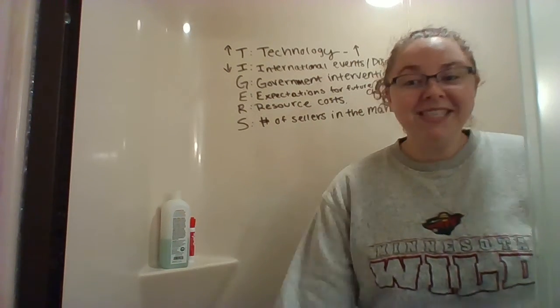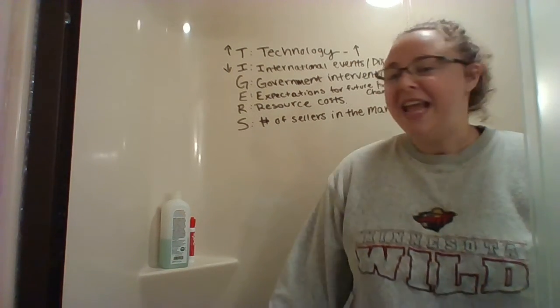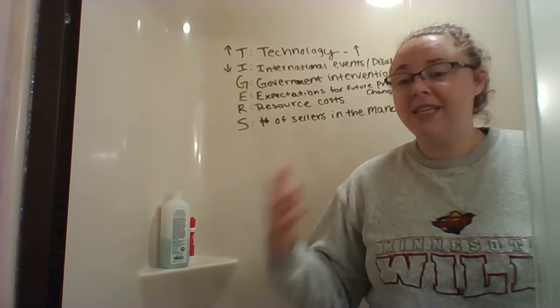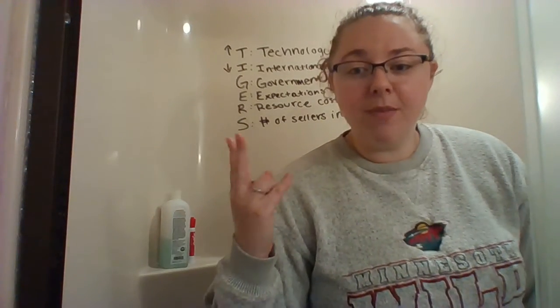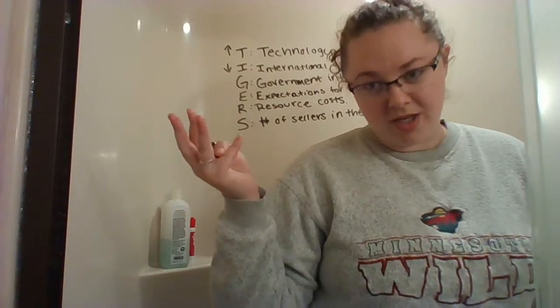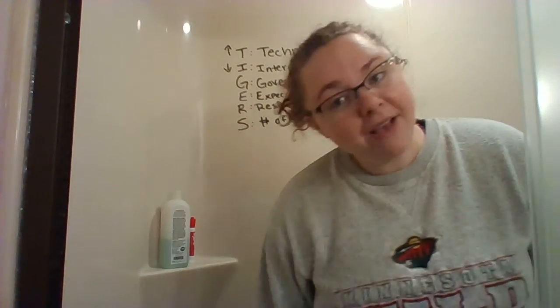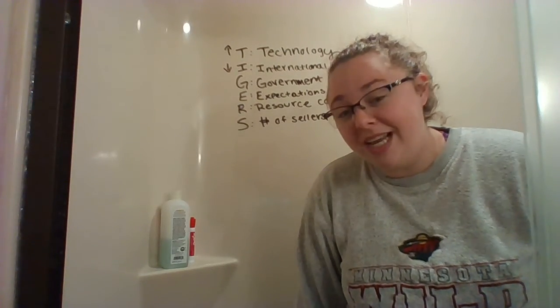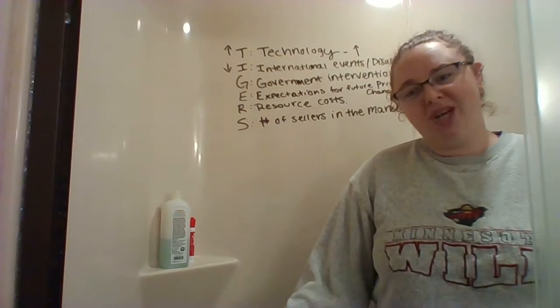If there's less sellers, there's less supply. An excellent example of this would be if you lived in a town and you had 2 Starbucks already, then all of a sudden they were going to build a 3rd Starbucks. The supply of Starbucks would increase. You'd have way more opportunity to actually get what you want from Starbucks.